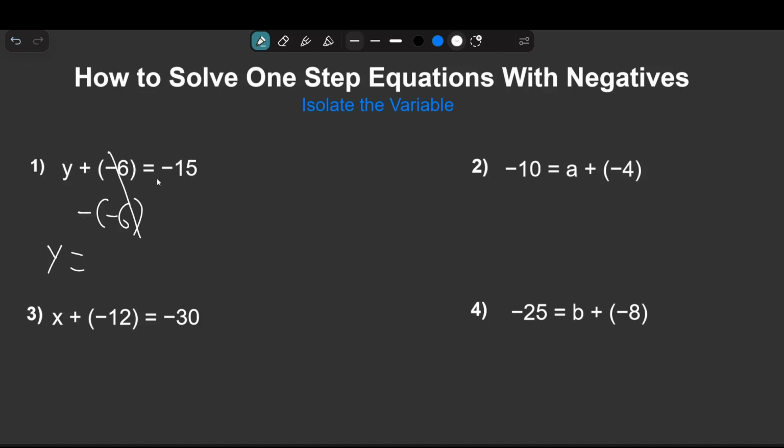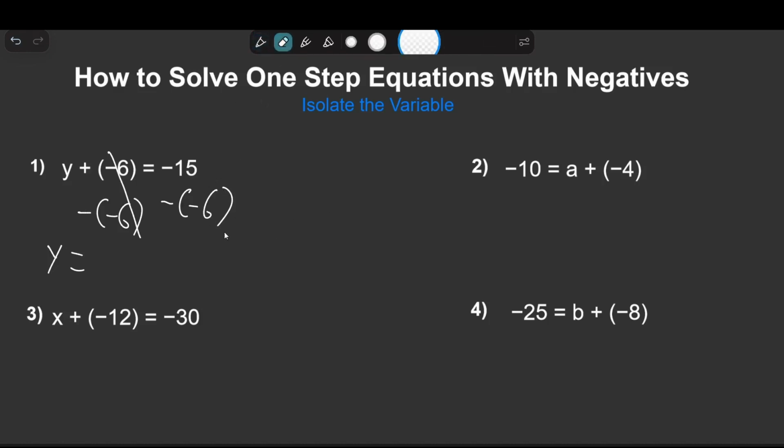Now we have to do it on the other side of the equation as well. So like this, minus 6. Minus 15 minus minus 6 basically means that the value isn't going down, but going up, because we are taking away a negative number.